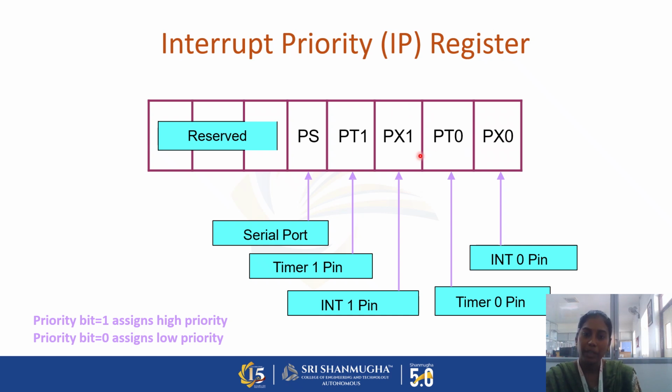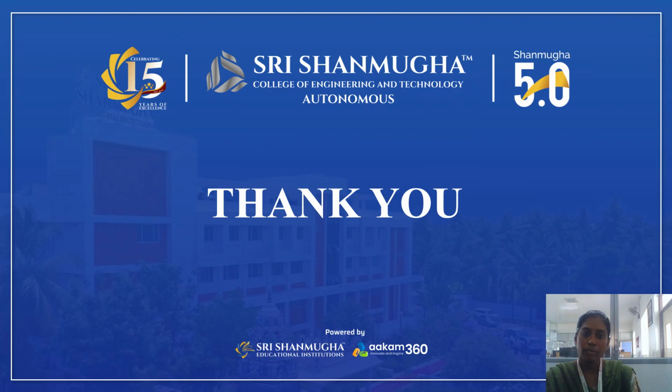The same way, PX1 and PX0 are for external 1 and external 0 interrupts. So we are allocating the priority levels for the 5 signals. Only these 5 signals are mentioned in this priority register. We can add 3 more priority signals in this table. Based on this priority, the microcontroller will perform the service to the devices. Okay, thank you.